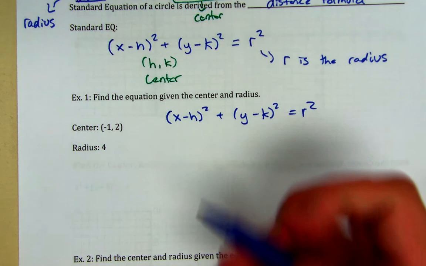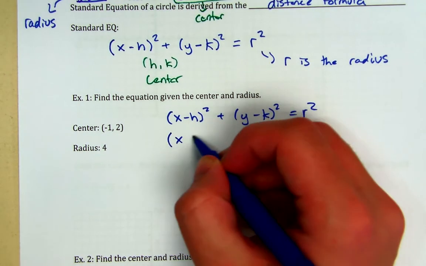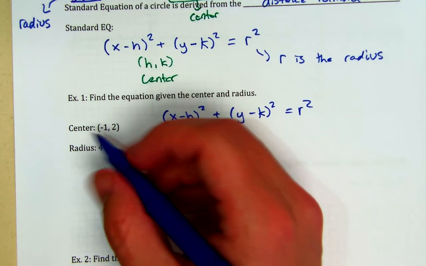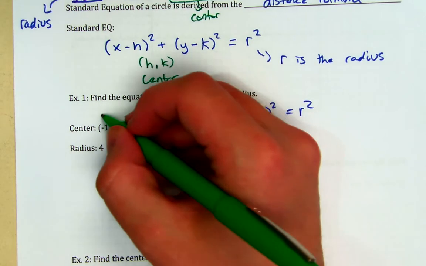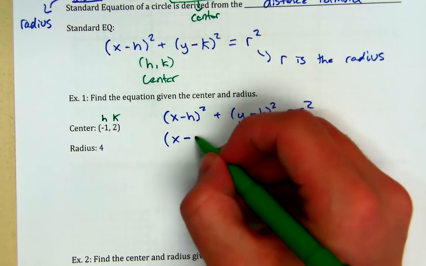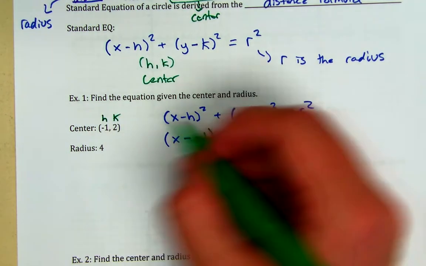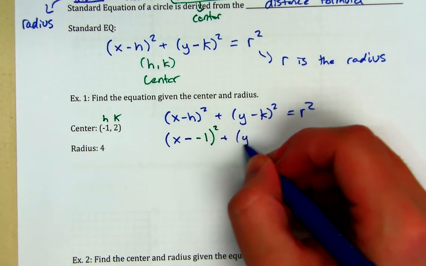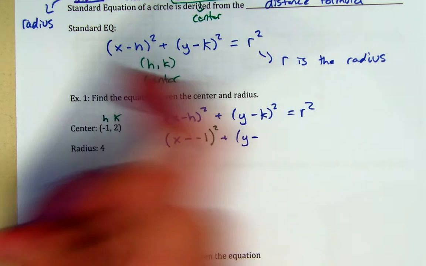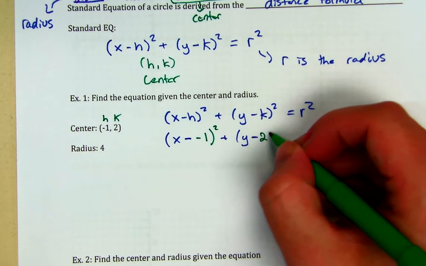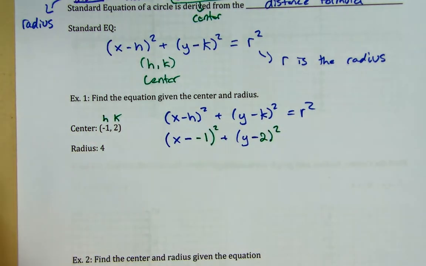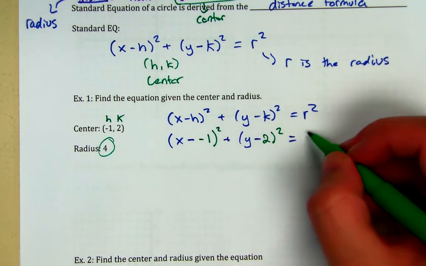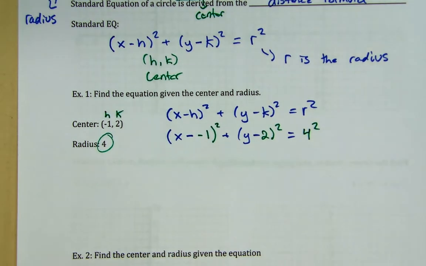So we get (x minus -1) squared plus (y minus 2) squared equals, well, our radius is 4, so 4 squared.